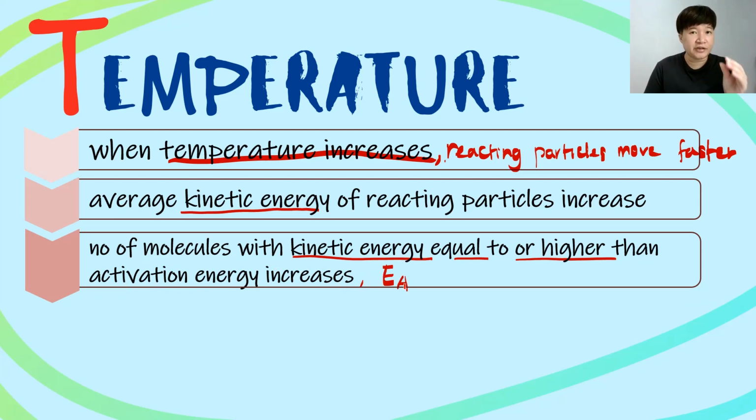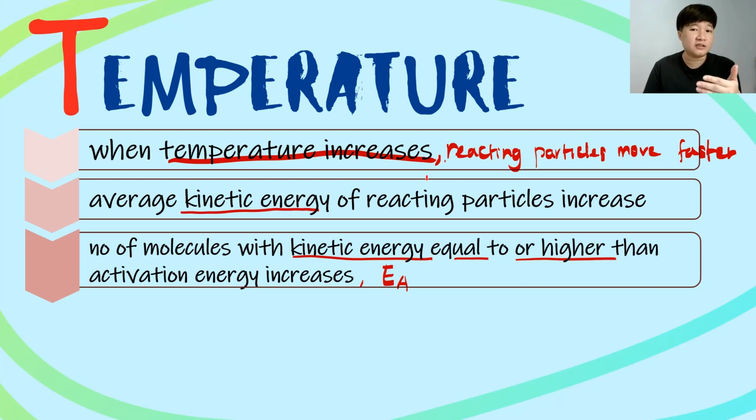Every reacting molecule needs to achieve activation energy before it changes into product. So activation energy, if you remember, is also the minimum kinetic energy required for the reactant to change into product. So if I want to change the reactant to the product, my reactant needs to have a minimum of this activation energy.